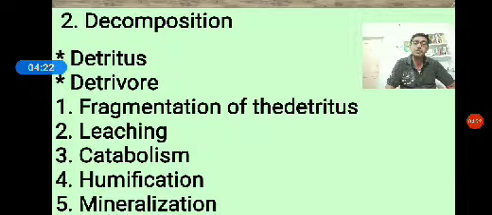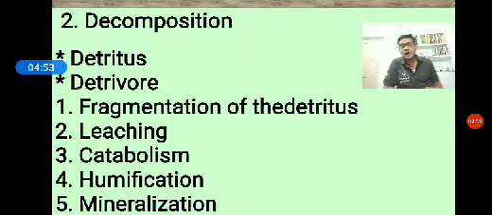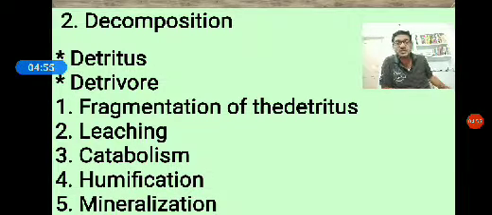In the decomposition process, we are going to hear two types of words: one is detritus, another is detritivore. Detritus means the parts of dead plants and animals, including fecal matter, that constitute the detritus. Detritivore means an animal that feeds on detritus.